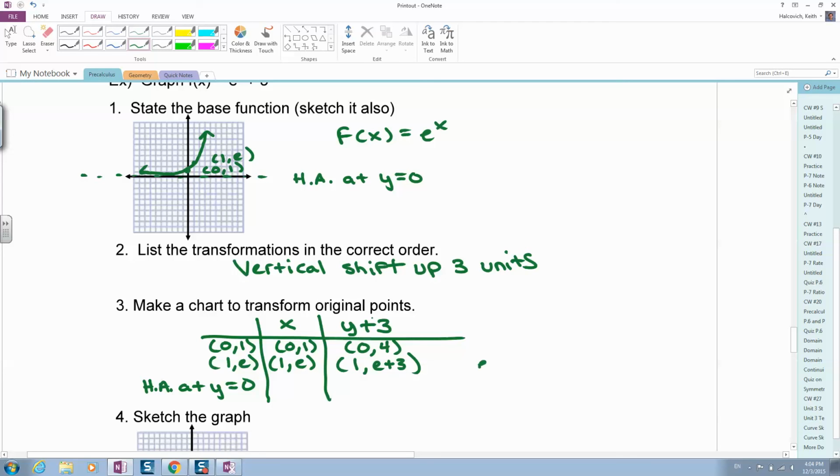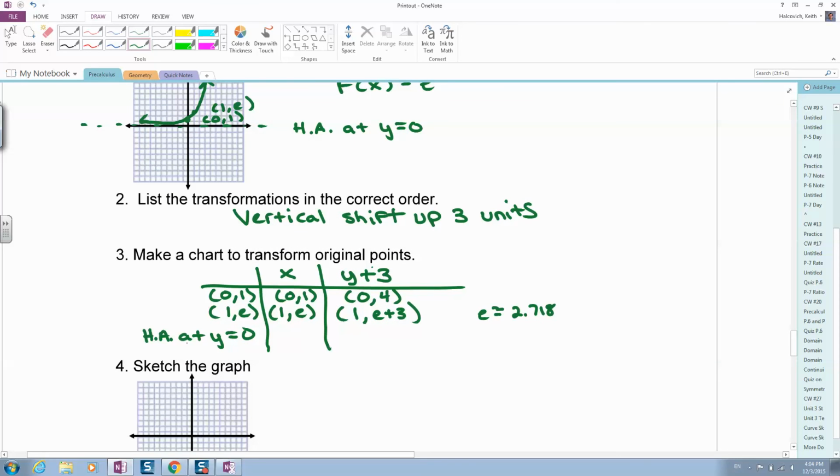And remember, e is approximately 2.718, so if you add 3 to that, it's going to give you about 5.718. Horizontal asymptote at y equals 0, well, you're adding 3 to every y, so now the horizontal asymptote is at y equals 3.